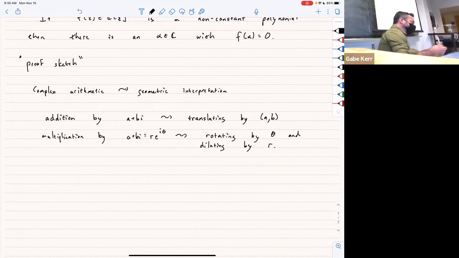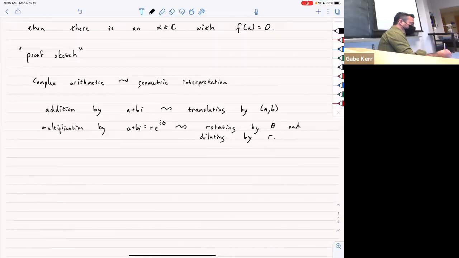And so then I wanted to say, to rush to the end, what is the operation of taking a power, the function from C to C sending z to z to the n? What does it look like?